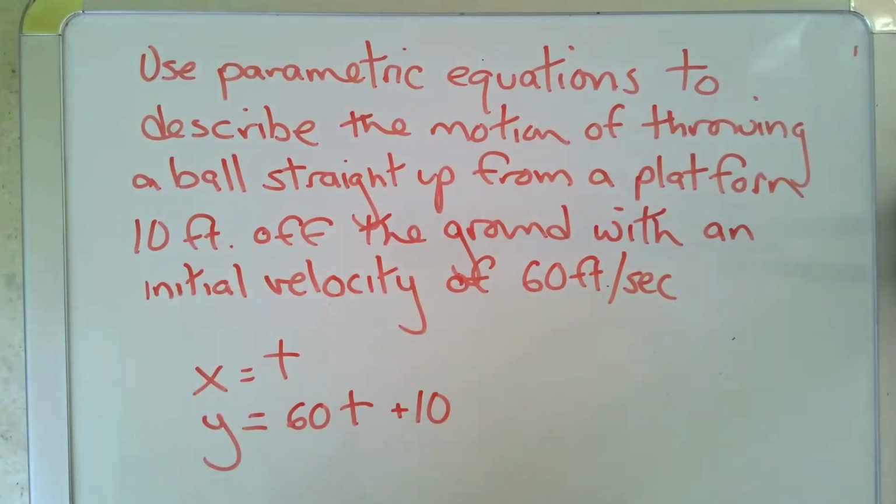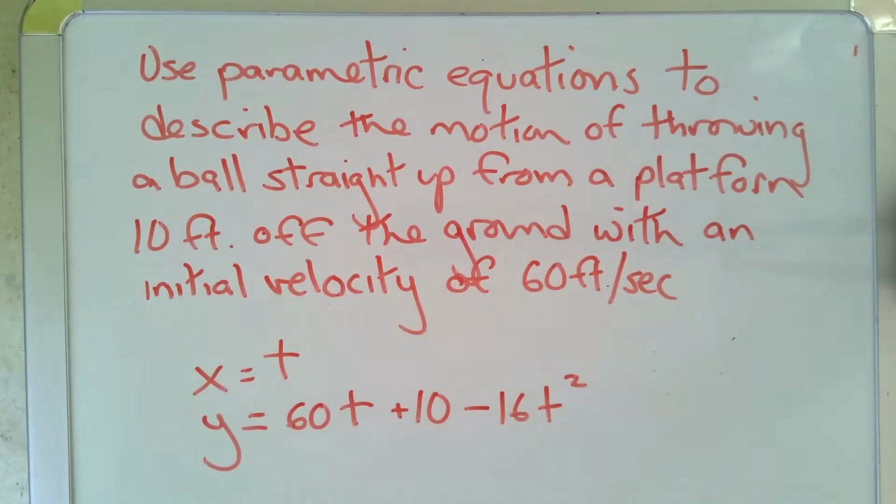This isn't a laser. This is an actual ball. So we need to account for gravity. When we are in feet or yards, when we're not in metrics, the gravity component is incorporated by writing minus 16t squared and including that in your vertical component, in your y component.